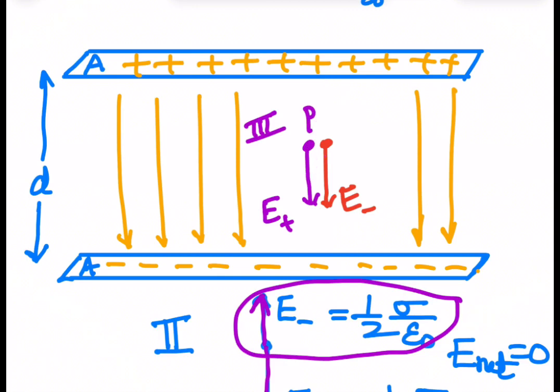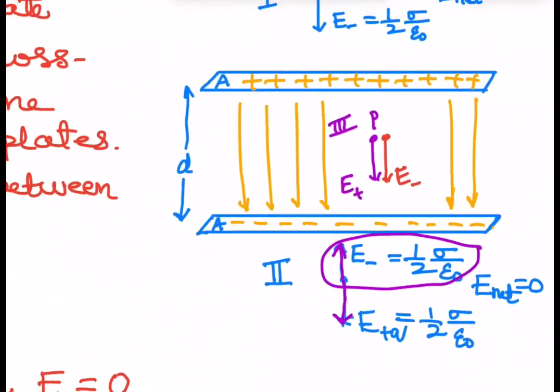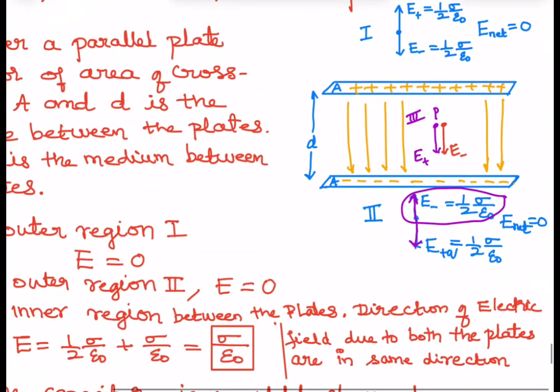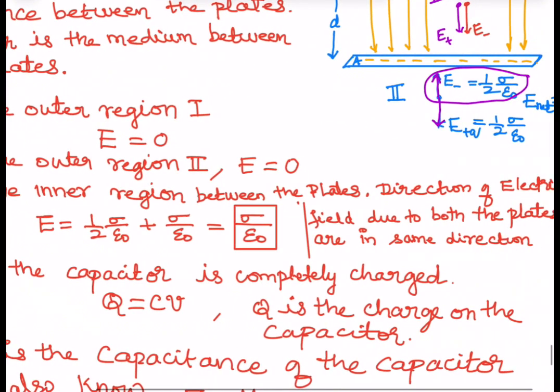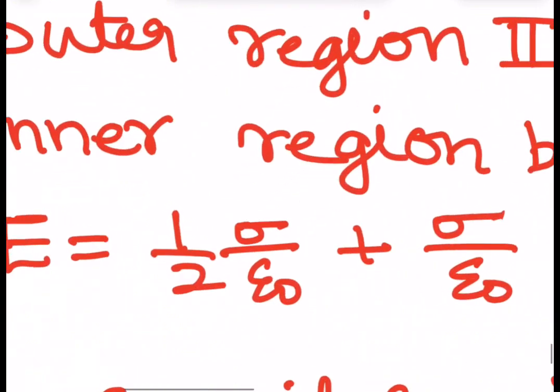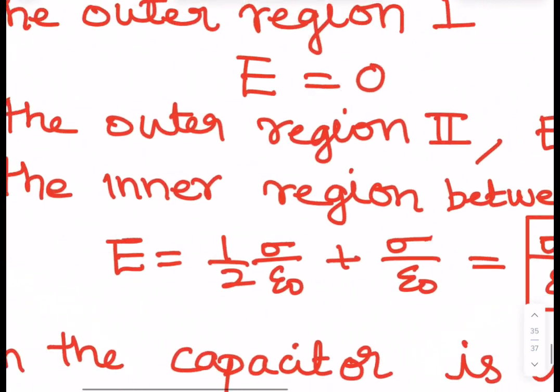At the same point, E minus is towards the negative plate. What is the total electric field? The electric fields get added up, E plus and the electric field due to the negative charge. So this is what you are supposed to write.